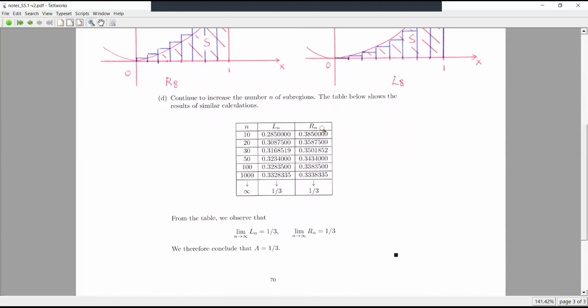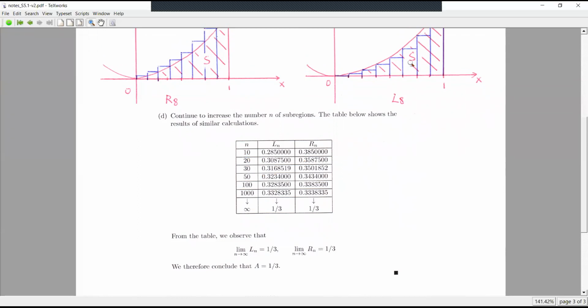Those rectangles are built by using function values at the right endpoints of subintervals. Okay, now when I use 10 rectangles to approximate the region S, the lower bound Ln is this number. The upper bound is this number.